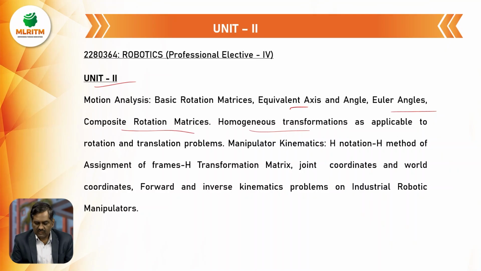We also discuss manipulator kinematics, dealing with the assignment of frames, the DH transformation matrix, and joint coordinates. Forward and inverse kinematics problems will also be discussed for industrial robotics.